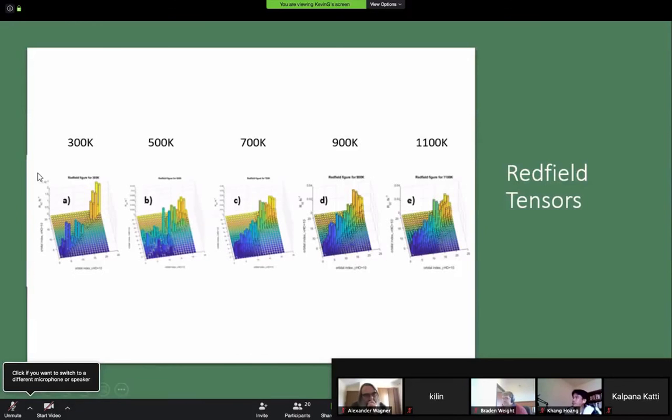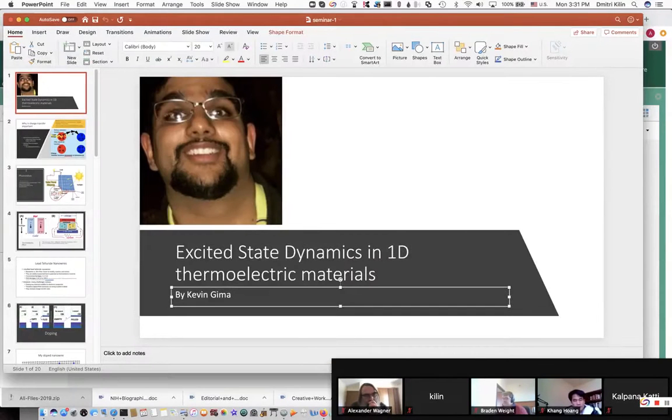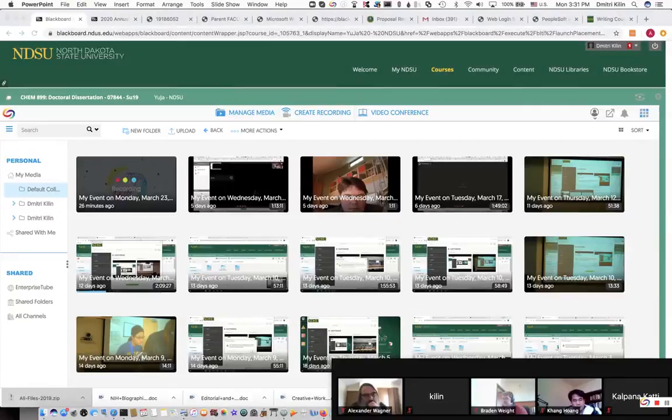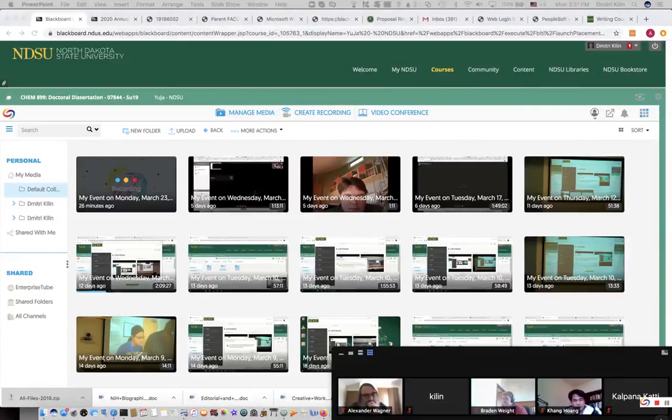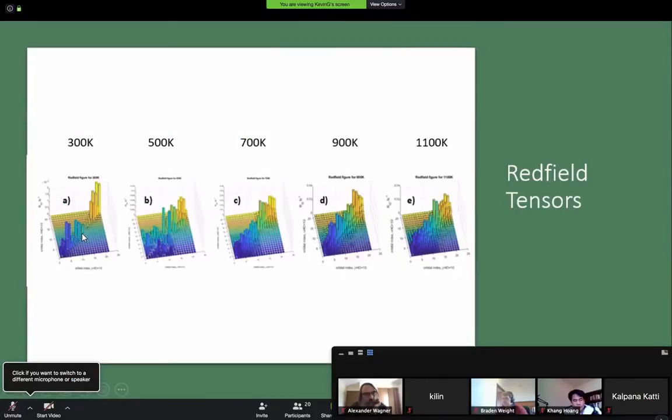If we look here at the 300 Kelvin graph, we see that the transition rates for orbitals near the HOMO and LUMO are close to 0, or they're not as high as the outliers here from the HOMO and LUMO.